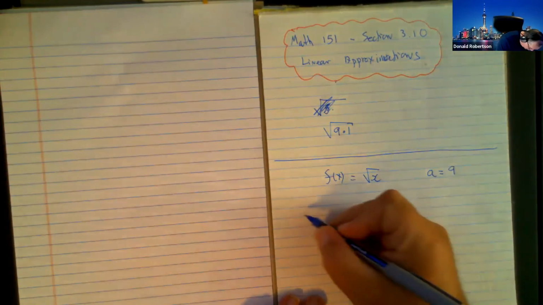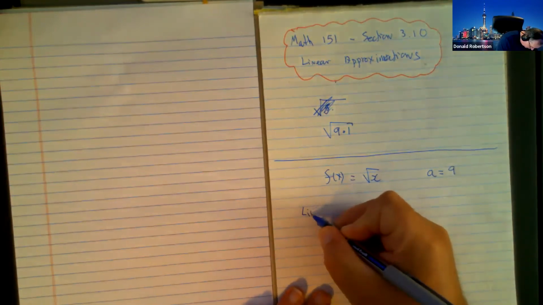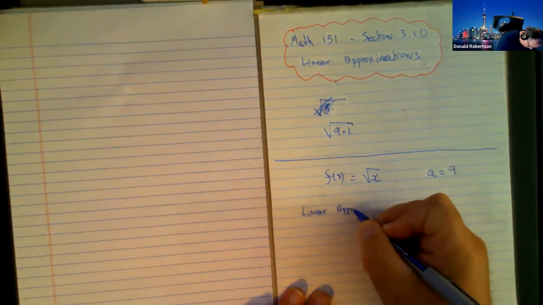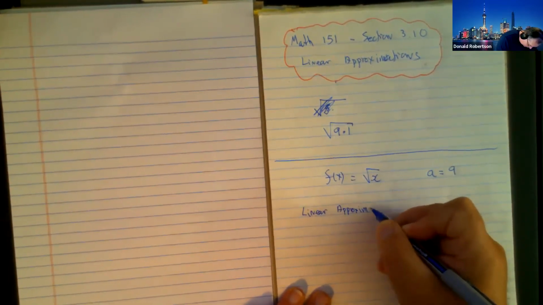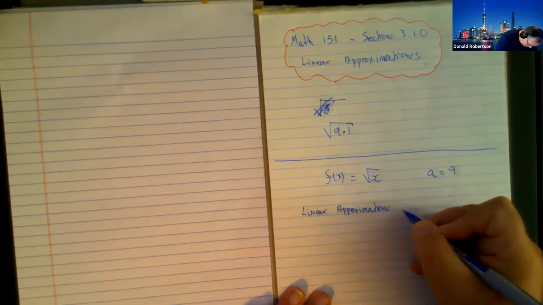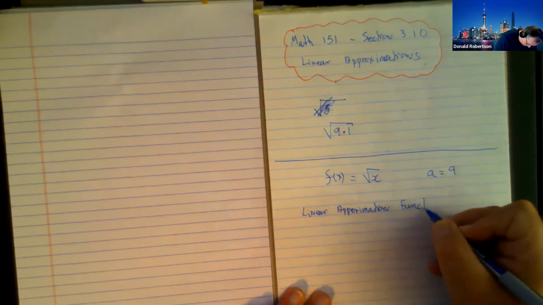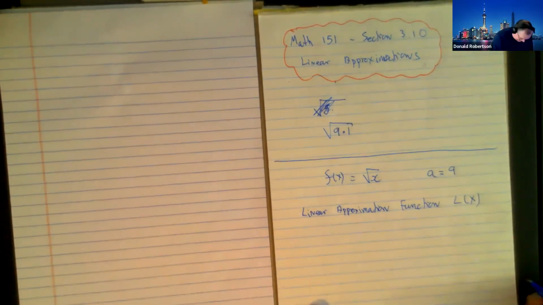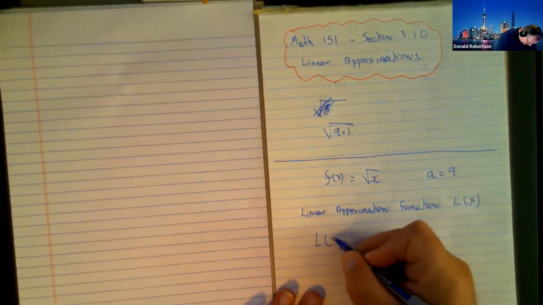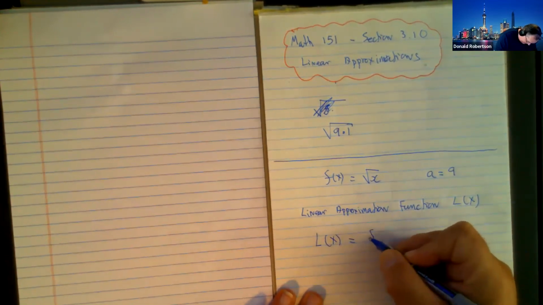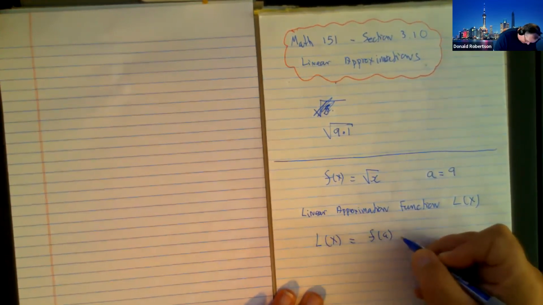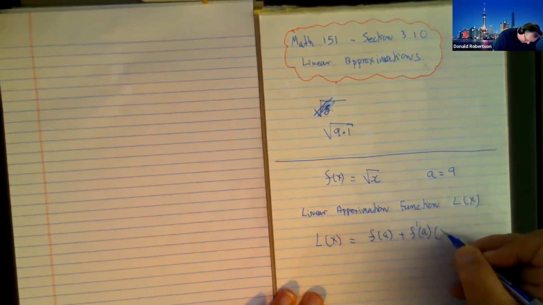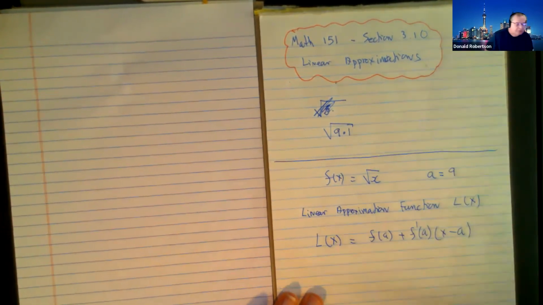And the linear approximation function is called L of x. And its formula is f of a plus f dashed of a, x minus a.